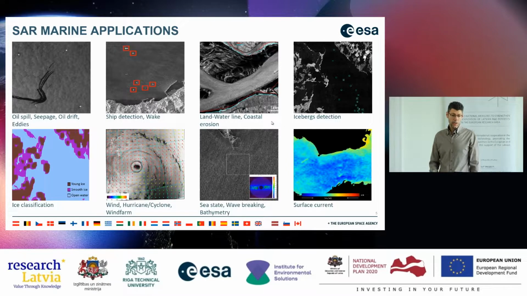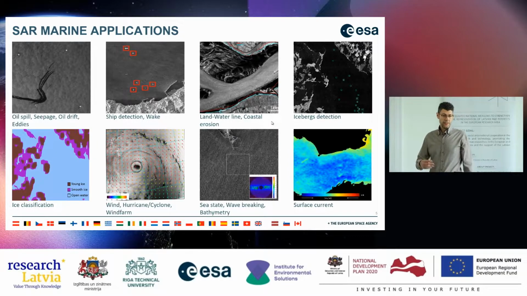Then we have wind speed retrieval, which is also quite important for monitoring typhoons and hurricanes. Here you see an example of a typhoon. Then we have sea state or ocean wave measurements, so measuring the wave height, the wave period, and this kind of parameter.